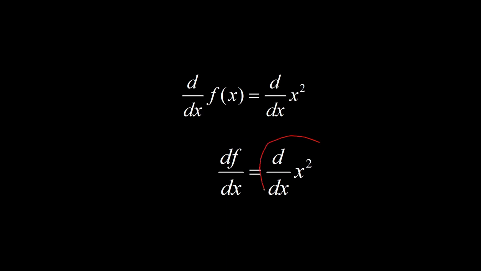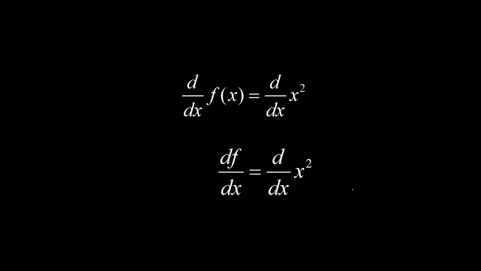And on the right side, then, it's telling us, take this derivative. So the left side, notice the left side transformed to the symbol for the derivative. And on the right side, we have to take the derivative.